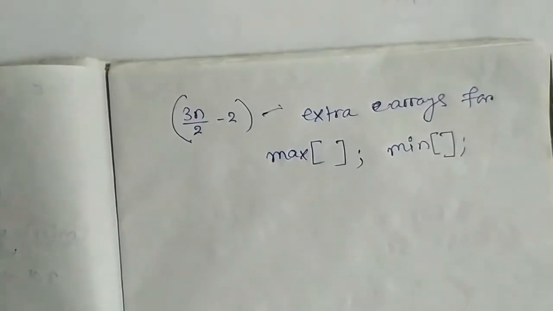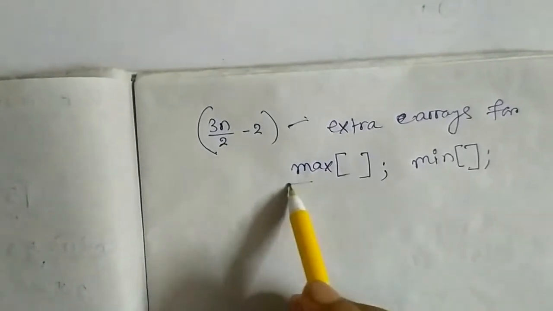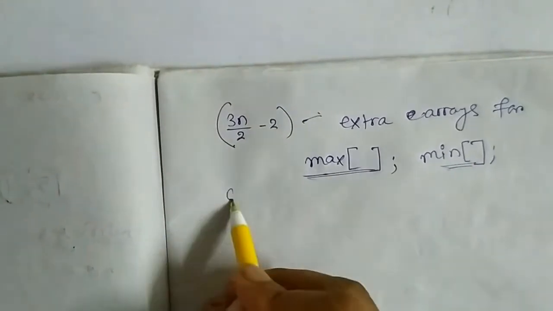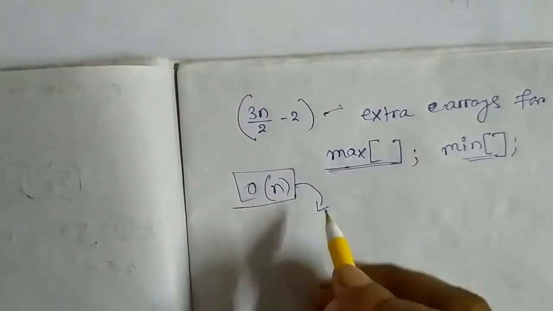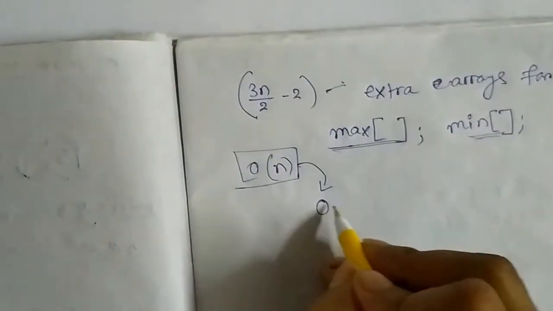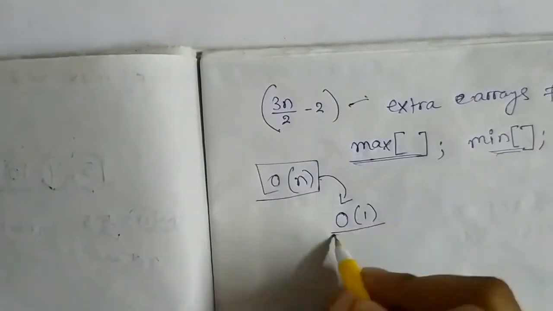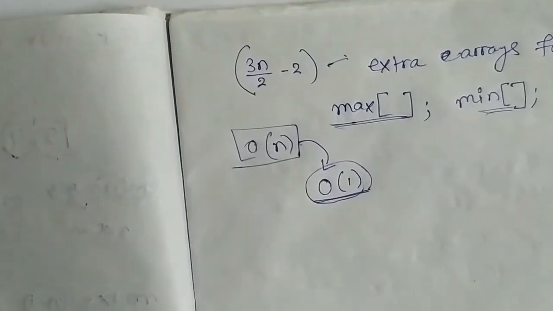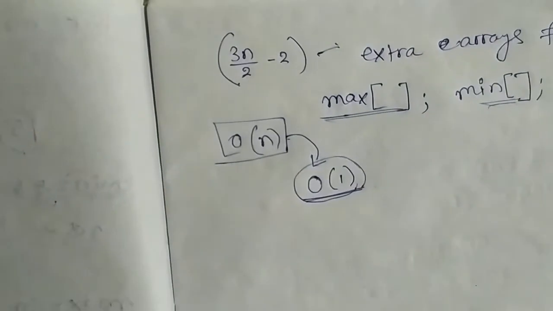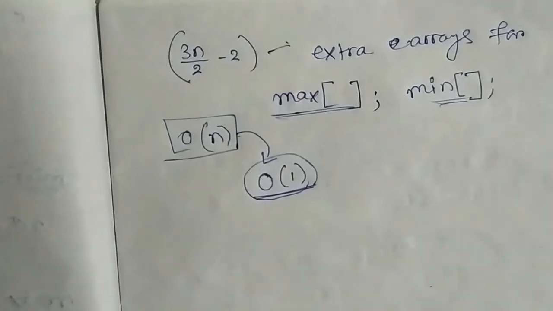Time complexity will reduce, but our space complexity will be of order of n. And now I want our space complexity to be order of 1. That means we should not use any extra array. So how can we do that?